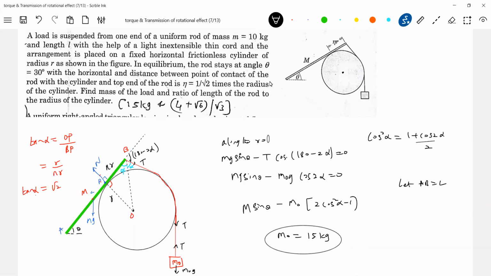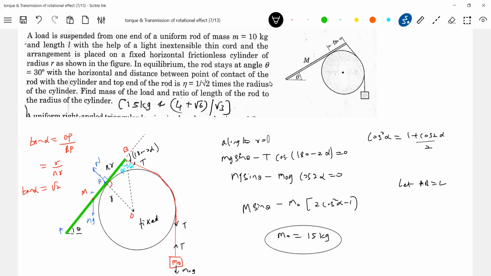How to bring that length? Whose help do we have to take? About point A. See, point A is not on the ground. I think you must be able to understand this. Point A is not on the ground. Only the cylinder is fixed here. Don't put anything there. So what is this cylinder actually?